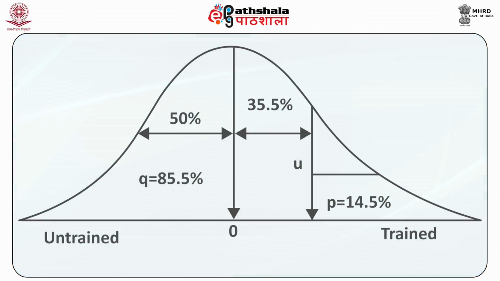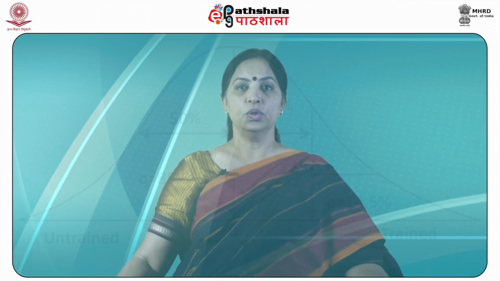As evident and explained by the figure, one can find u to be 0.228. Look at the figure. We find the P and Q values and we locate the u and find that its value is 0.228 from the table.